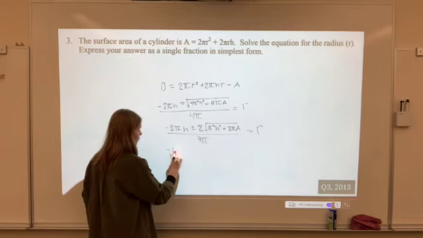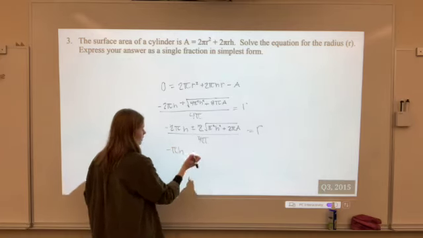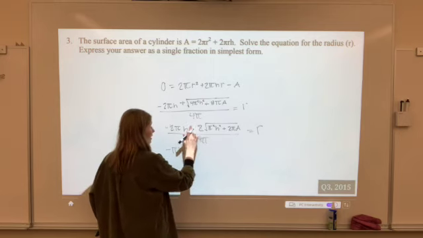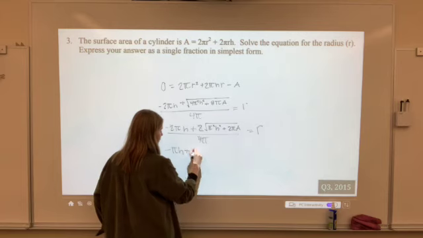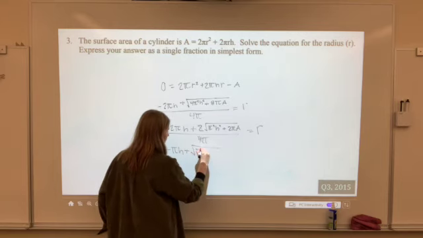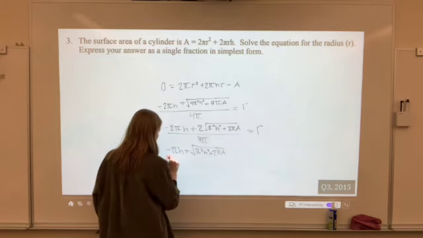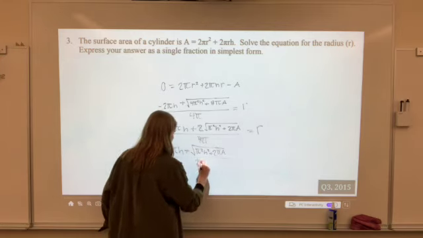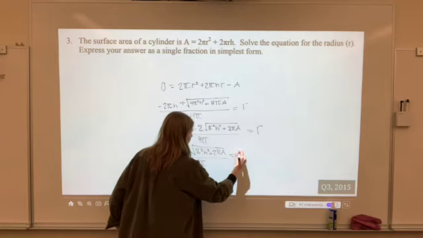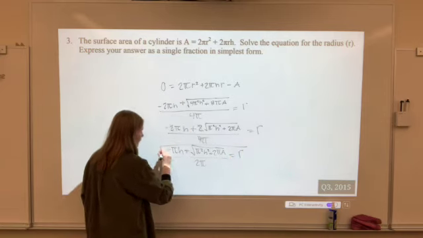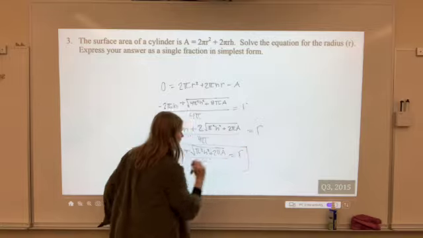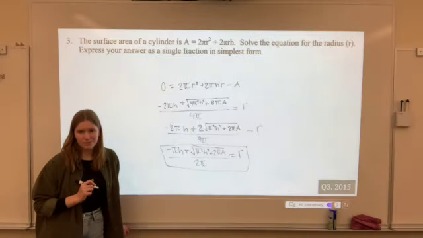So we have negative pi h. I accidentally wrote plus or minus here. That could definitely catch you. Plus the square root of pi squared h squared plus 2 pi a, all over 2 pi. And that's equal to our radius, and that, fully simplified, is our final answer.